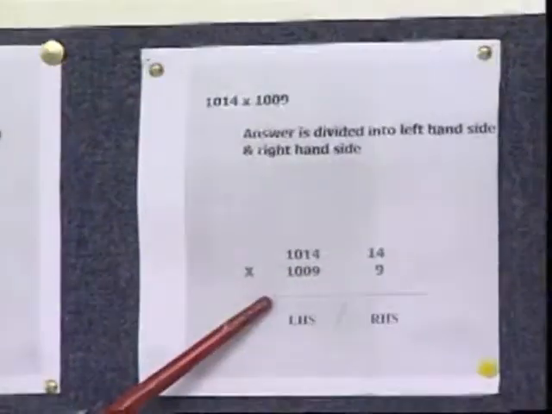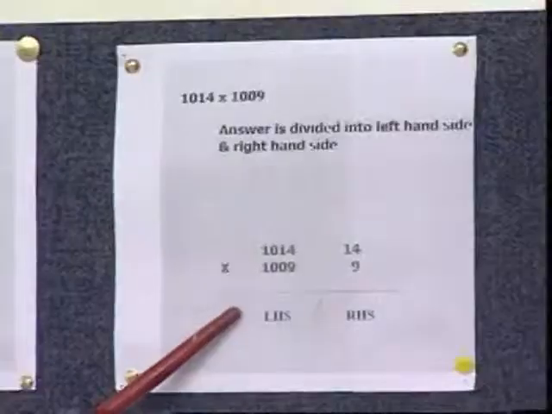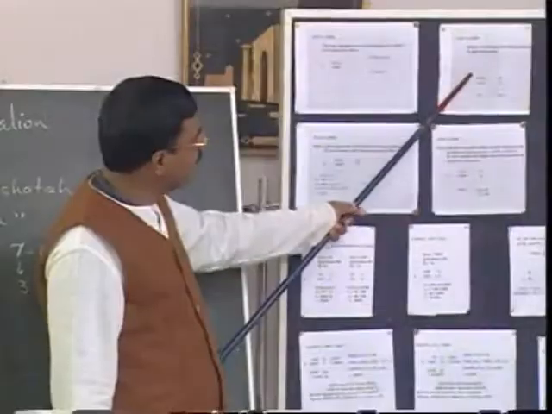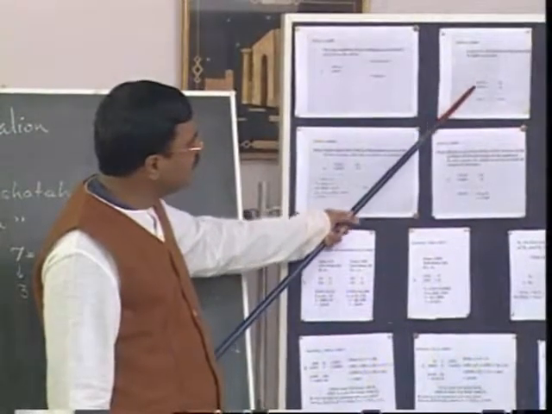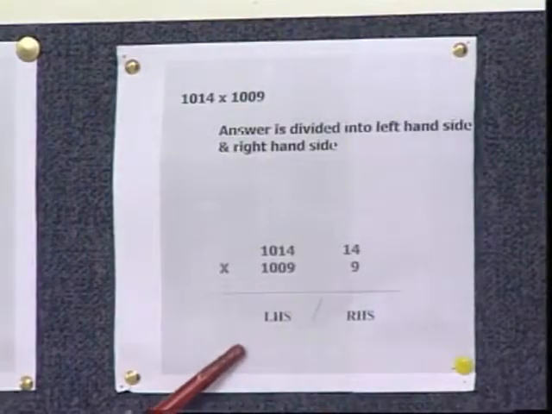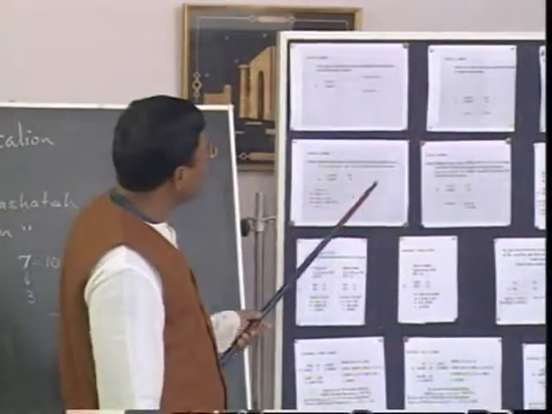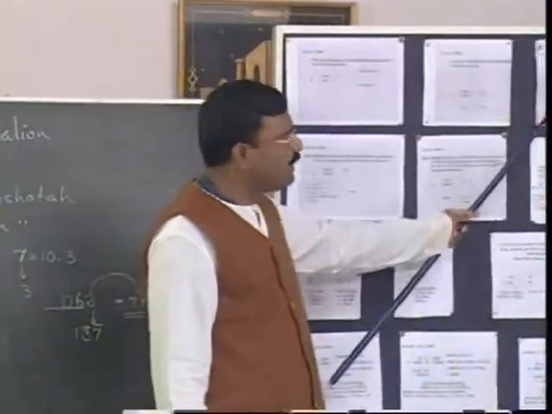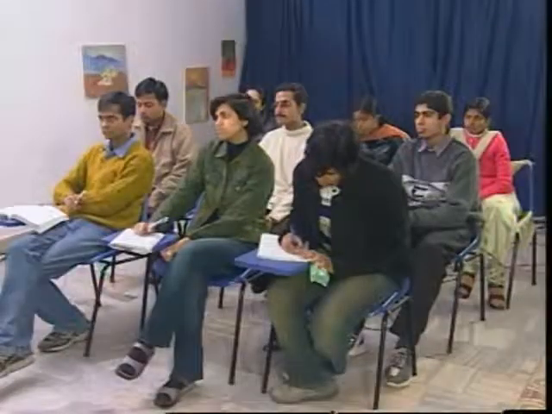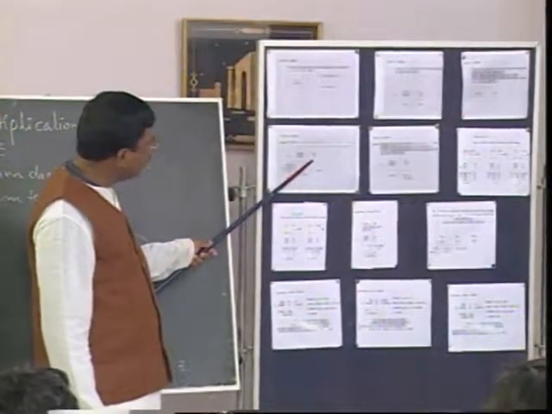This being two numbers, you get the answer in two parts: the left hand side and the right hand side. You selected 1000 as the nearer base. To get the left part of your answer, you add the other deviation to the single number.